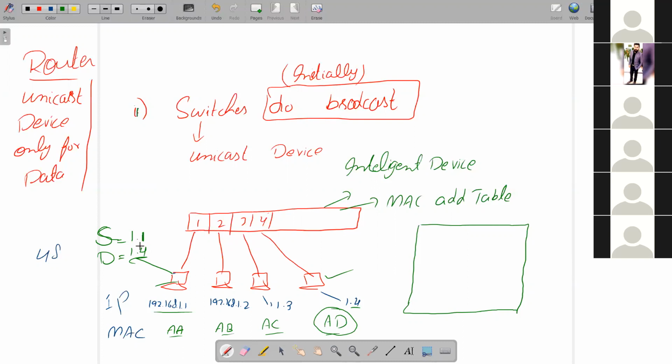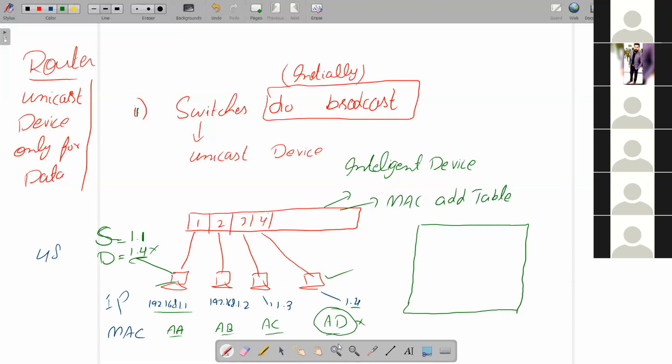So if I don't know the destination MAC address, then obviously I won't be able to communicate. If you don't have my number, you cannot contact me. If you don't have my email, you cannot communicate with me. So if you are interested to talk with someone, you should have at least one address.